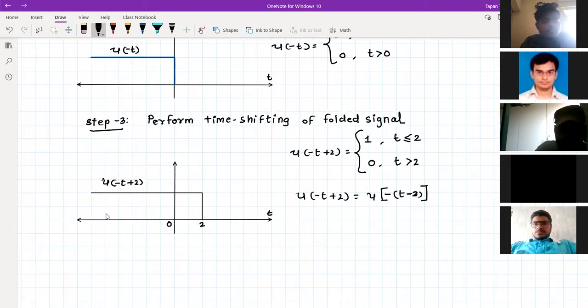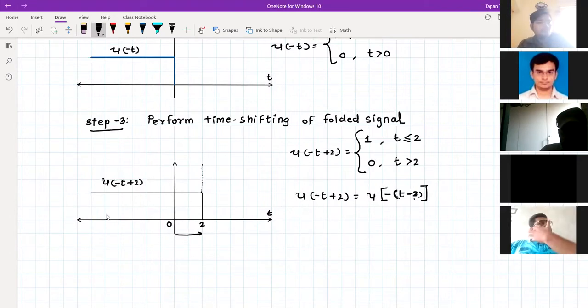That is delay. It should be delayed. So what you can do, either you can first delay the signal and then you perform the flipping operation. But then you need to keep in mind that you need to flip with respect to that instant only. So that creates confusion sometimes.